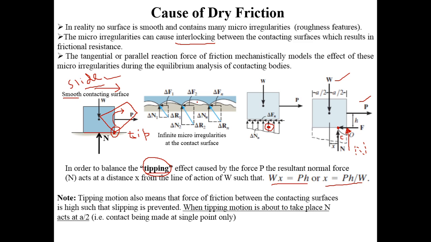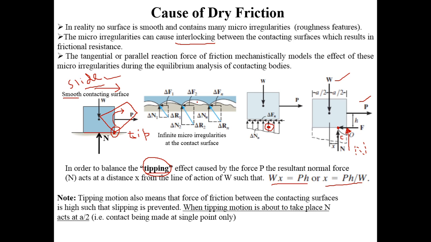It can either cause sliding or it can cause tipping. And both of these effects will take place when the applied force is capable of exceeding the friction force. If it is larger, the friction force will not be able to maintain equilibrium, and therefore one of these effects will take place. Either the body will slide or the body will tip.